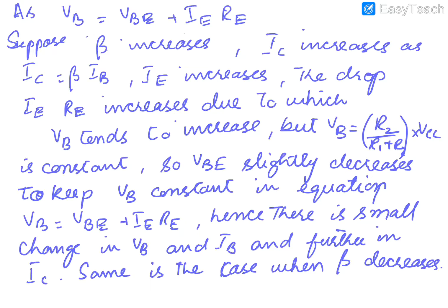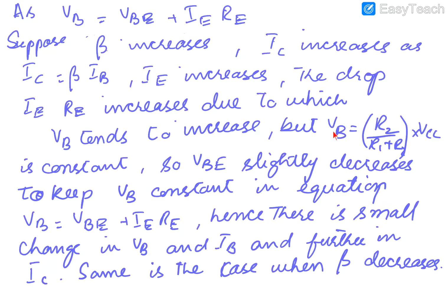Suppose beta increases, IC also increases, and IE will also increase. As IE increases, the voltage drop across RE will also increase, and as this voltage drop increases, VB will tend to increase. But you know that VB is constant from this equation.